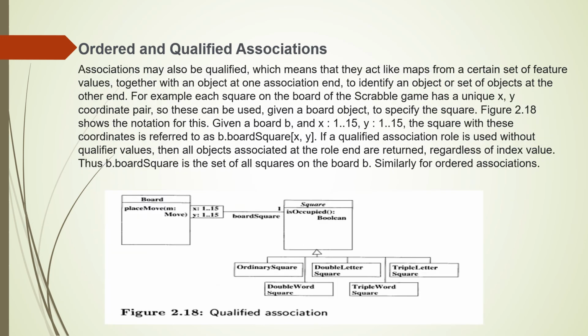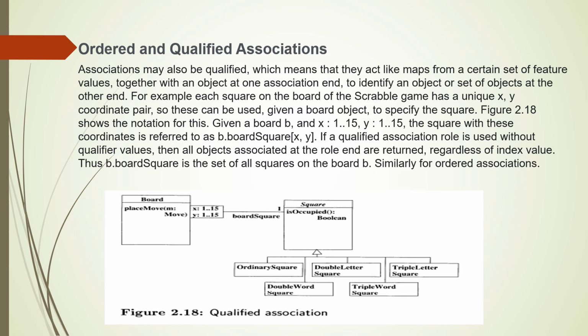Associations can also be qualified, which means that they act like a map from a certain set of feature values, together with an object at one association end, to identify an object or set of objects at the other end. For example, each square on the board of the Scrabble game has a unique x and y coordinate pair.